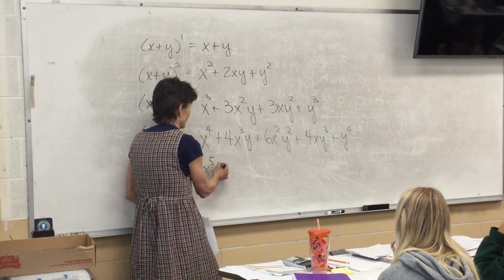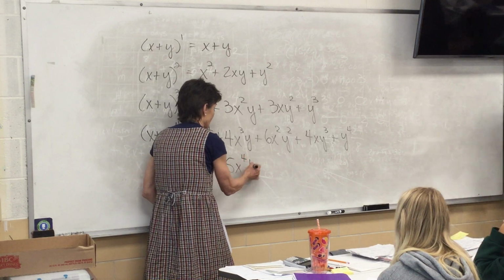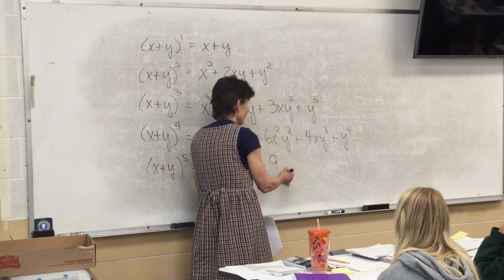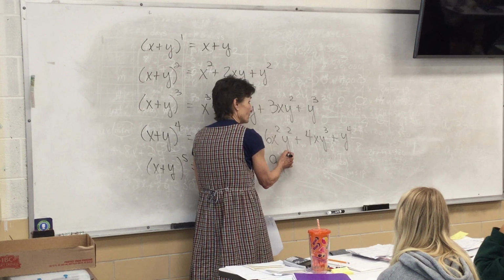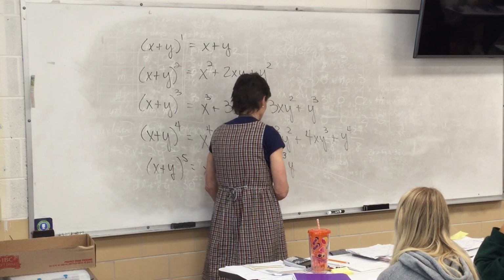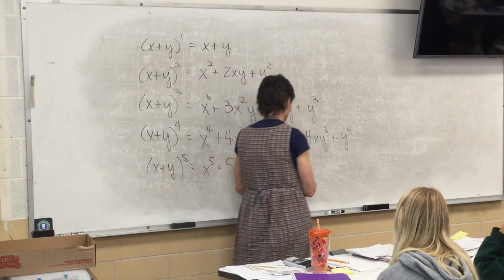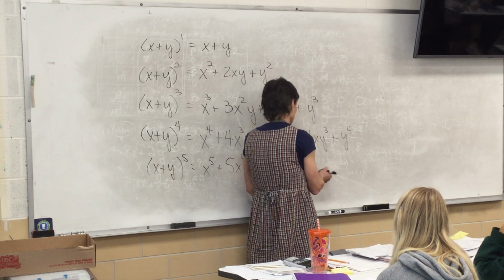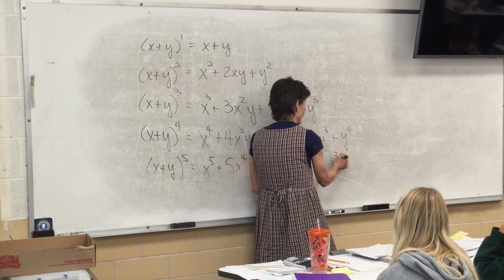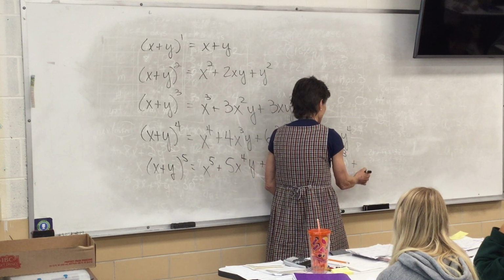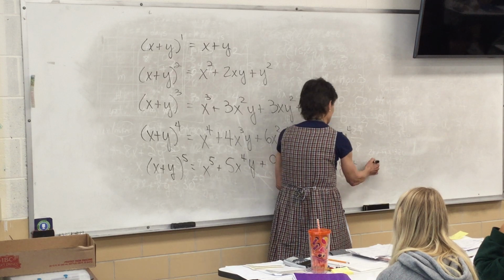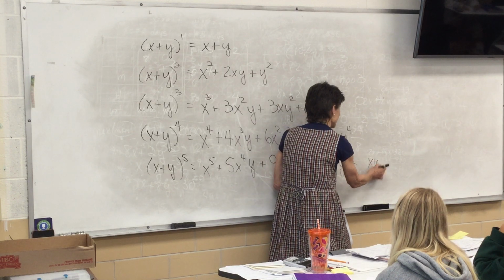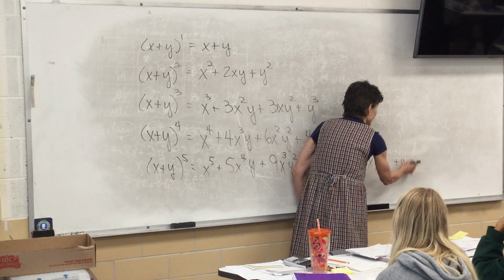And then plus 5x to the fourth y plus 9x to the third y squared plus something x squared y cubed, and I need another one, an xy to the fourth, and then a y to the fifth.